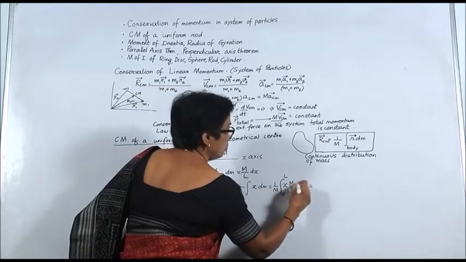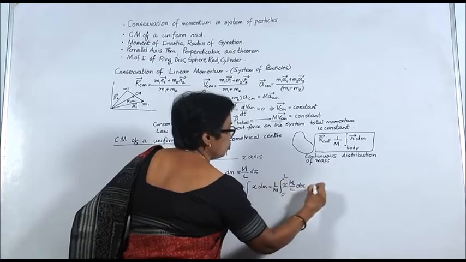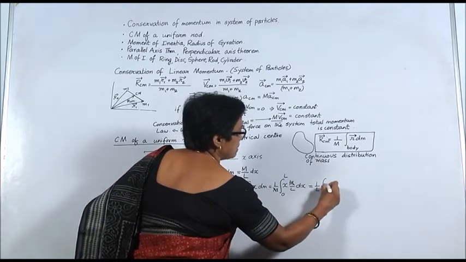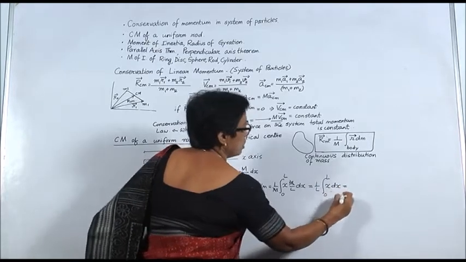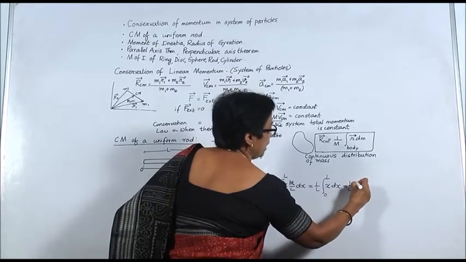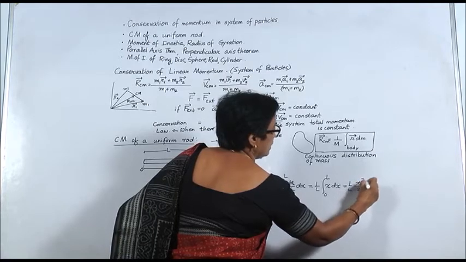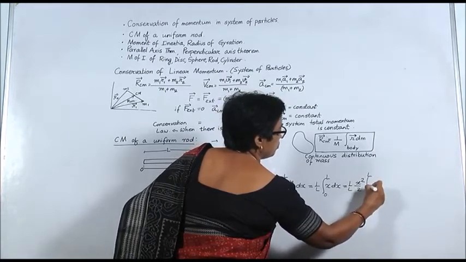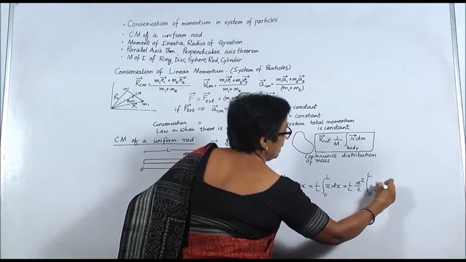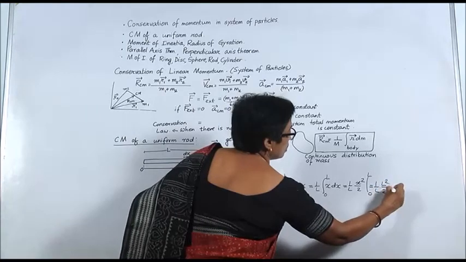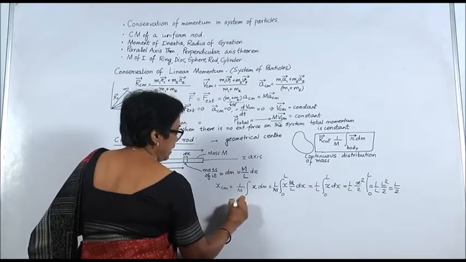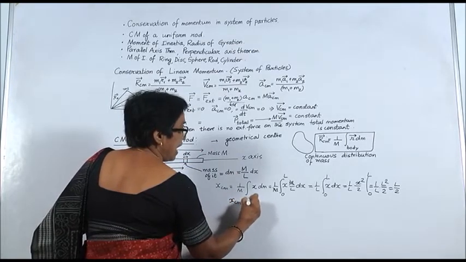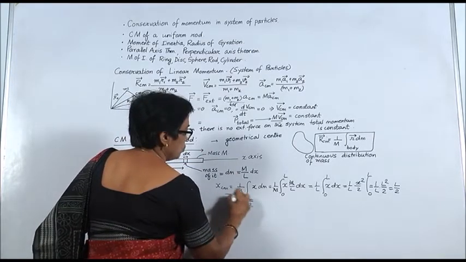So, M cancels out. 1 by L you have x dx from 0 to L. Now, this integration is 1 by L times x square by 2, from 0 to L. If I put this value, it is 1 by L times L square by 2, which comes out to be L by 2. So, the center of mass is on the x axis at a distance L by 2.